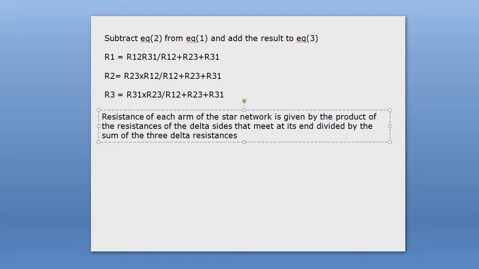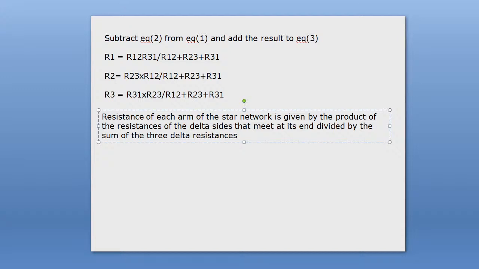If we consider R1, so you see that terminal 1 for delta network, two resistance are connected, that is R31 and R12. So therefore the product will be between R12 and R31.